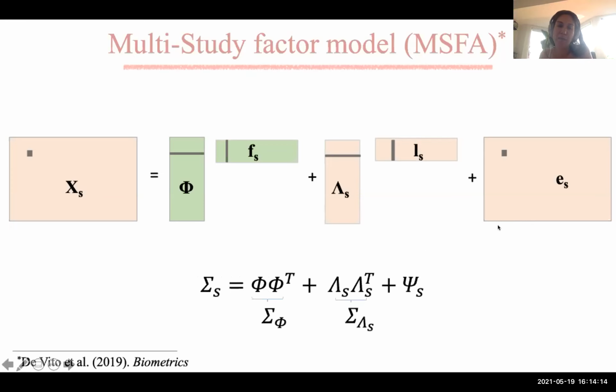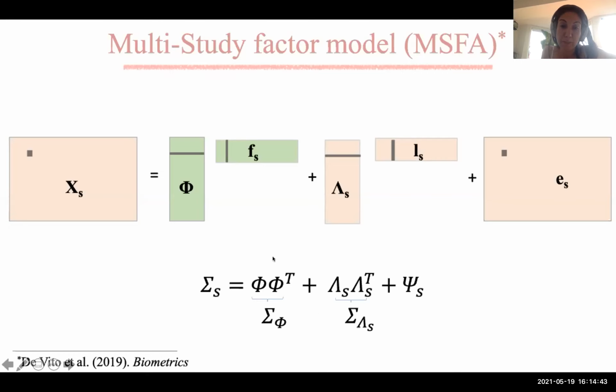And as a consequence, this multi-study factor model can decompose the covariance structure in 3 different components. One that is the covariance structure just related to the common, so to the reproducible component. The second one that is related to the study-specific, and the third one, finally, that is related to the error term.